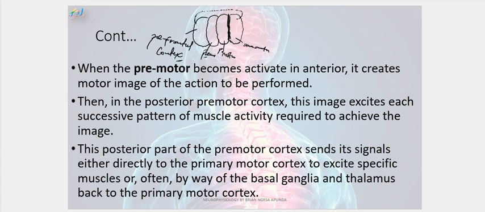So if the prefrontal cortex of an individual approves of these actions that want to be effected by the motor, it will send an excitatory signal to the premotor area.